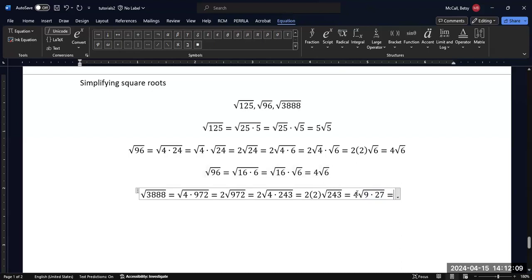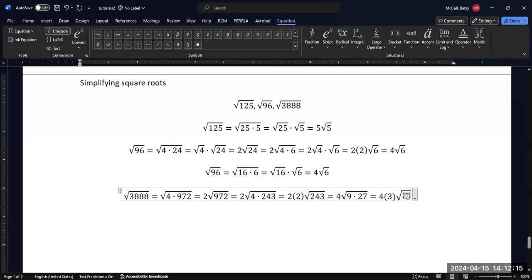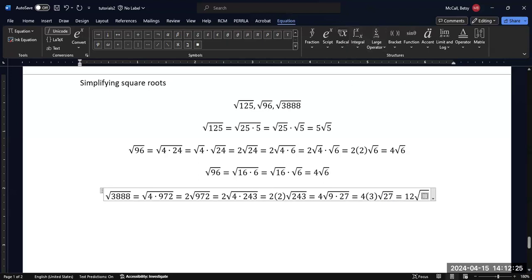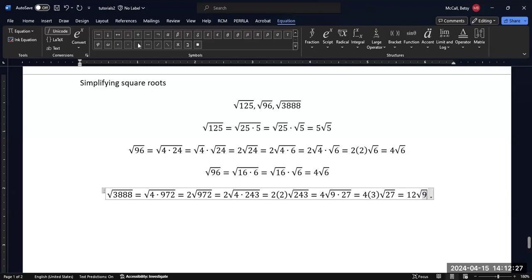And the square root of 9 is going to give me a 3. And then I can do this again: 9 times 3.